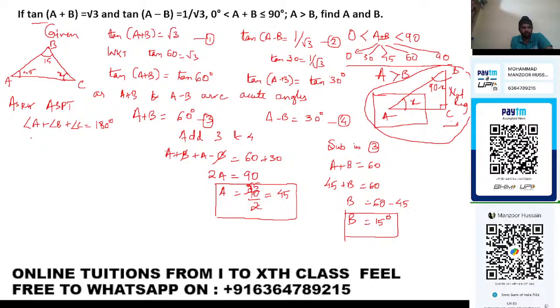So 45 plus 15 plus x is equals to 180. X is equals to 180 minus 45 minus 15, that is 180 minus 60. That gives me an angle as 120. X is equals to 120.